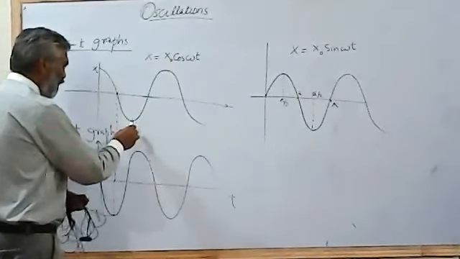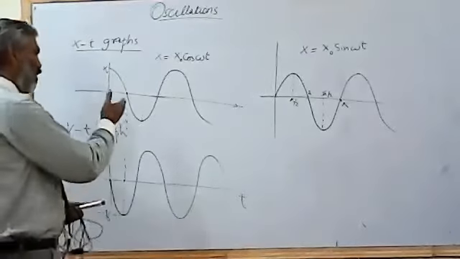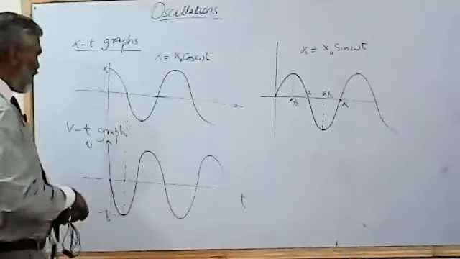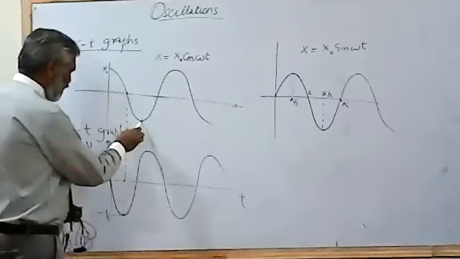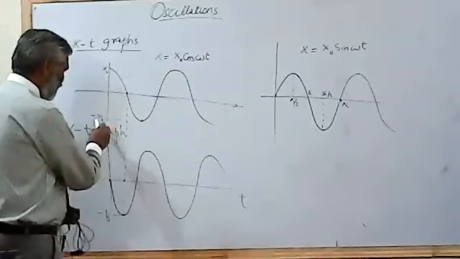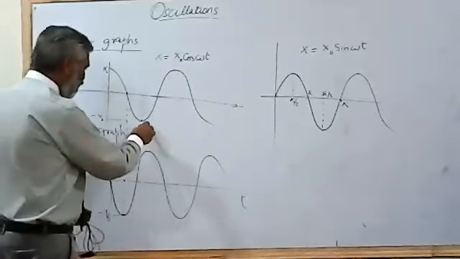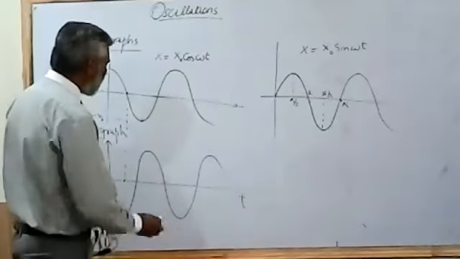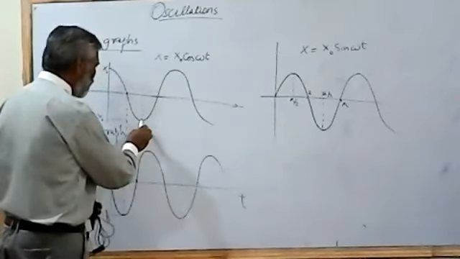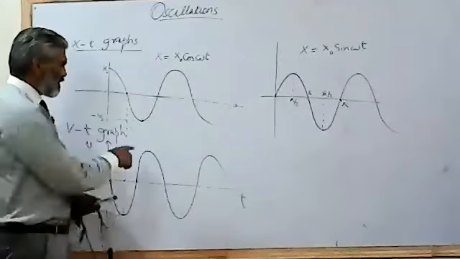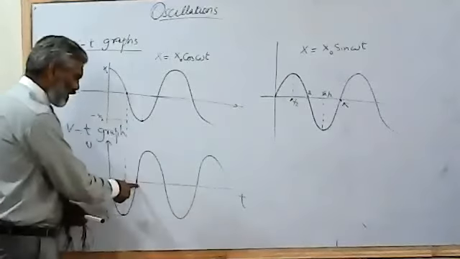Minus x naught now, because it has gone to this extreme, the left extreme. The value of x naught is now negative. I mean, this value will be minus x naught, but the value of velocity has fallen to 0 now. Now this position is the point which corresponds to this, because when it is at the extreme position, it should not be moving.